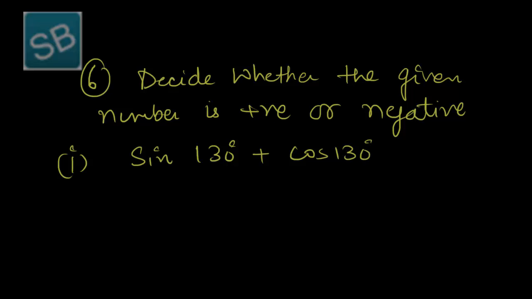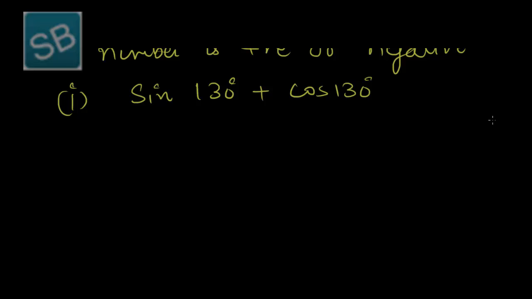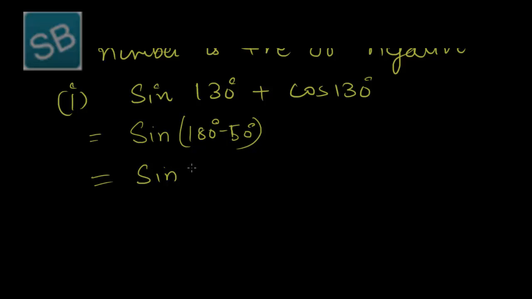How can we check this? We will make these two functions into one form, and we can write sin 180 minus 50 degree. It will again remain sin, that is sin 50 degree.